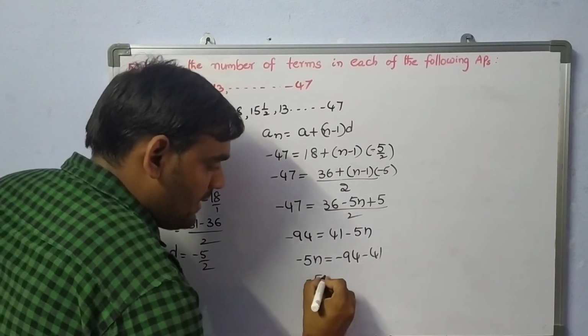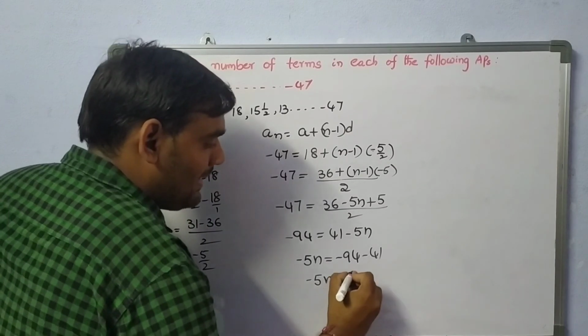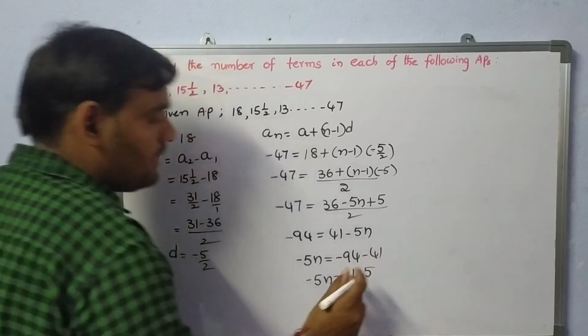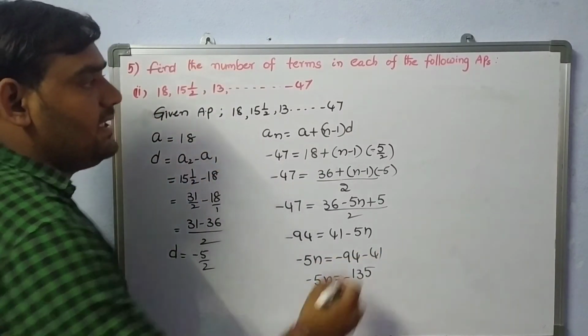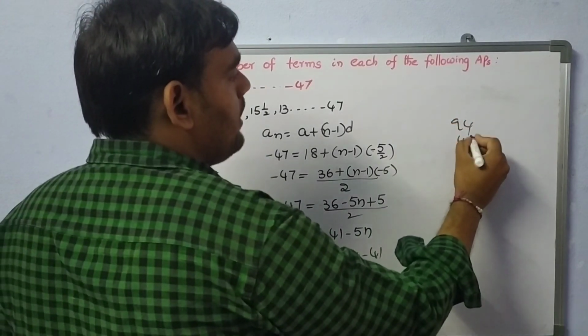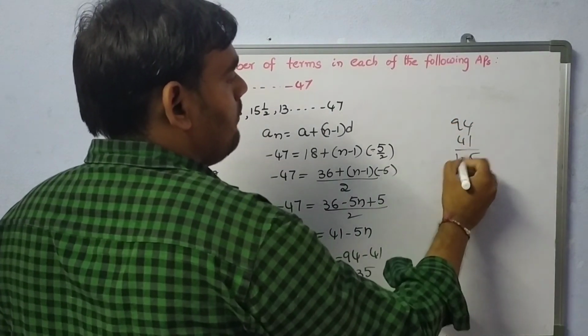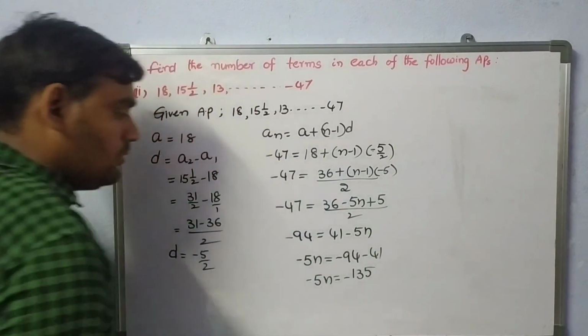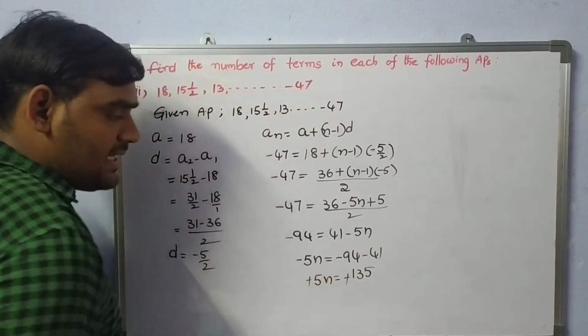So minus 5n is equal to minus 135. 94 plus 41 is 135. Now minus minus gets cancelled.